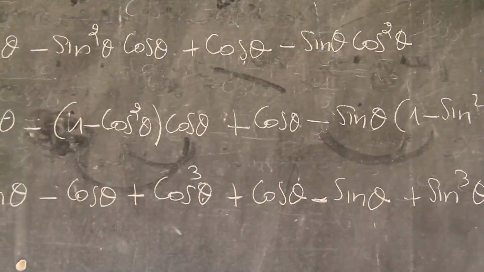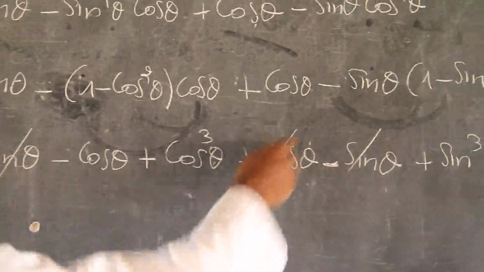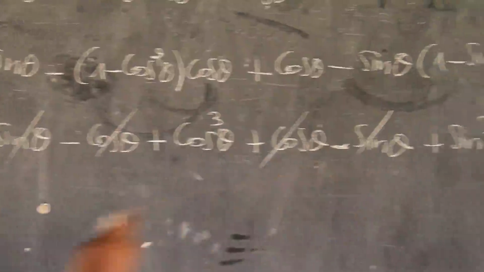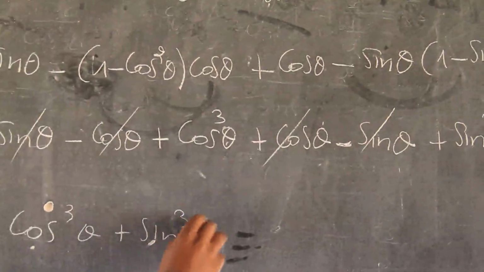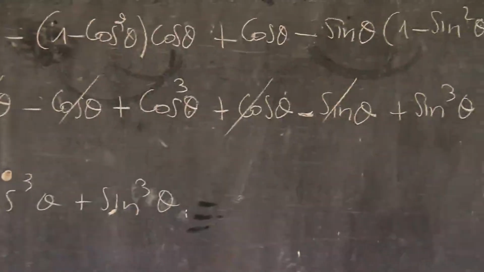So let me see if I can remove something. So sine and cos cancel to get cos cubed plus sine cubed. So you see that it is the left hand side. So proved.